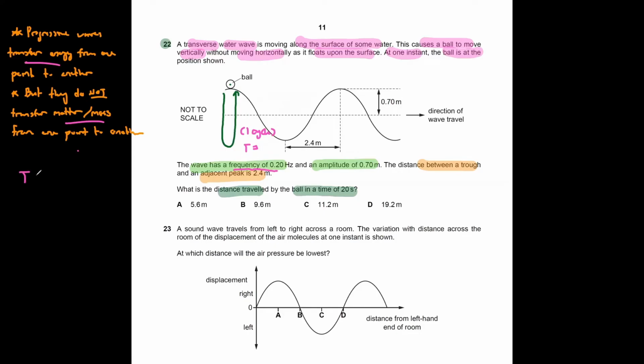Period is the reciprocal of your frequency. You get 1 over 0.2, you will get the answer as 5 seconds. So for the ball to move from this top position, going down, and then going back up to that same position, representing one cycle, the time taken for that one complete oscillation is 5 seconds. This is actually what the period is.